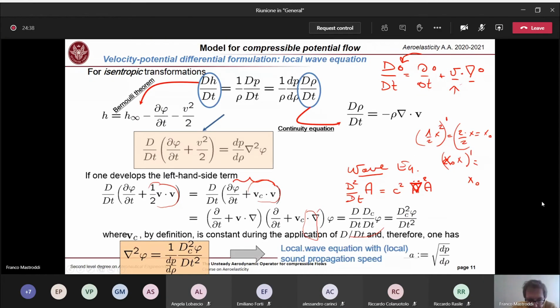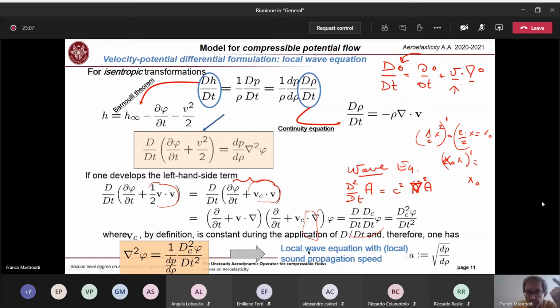So we have a nonlinear wave propagation in a double meaning of this nonlinearity. First of all, your local speed of propagation A is not constant, but it is equal to the square root of dp over d rho.